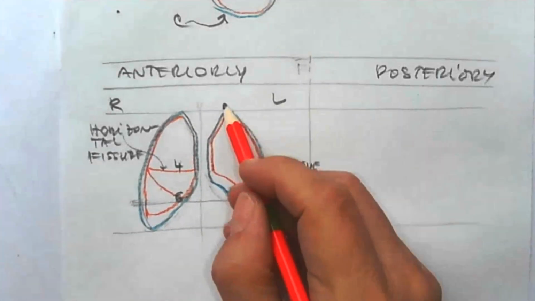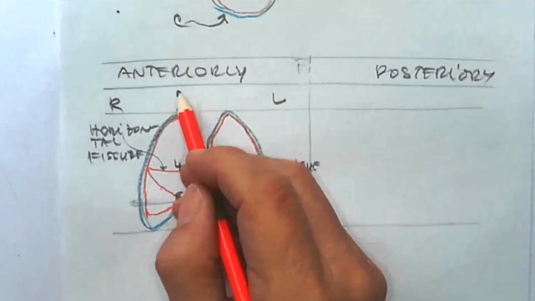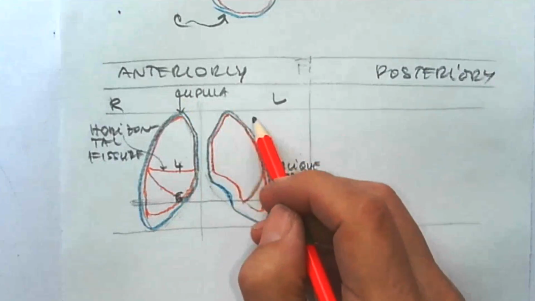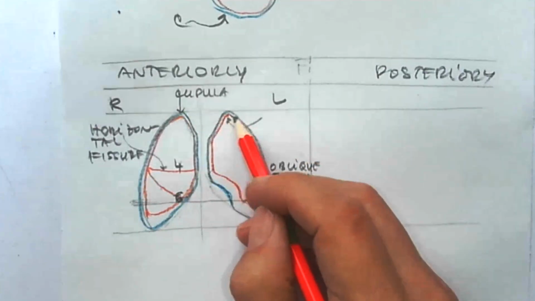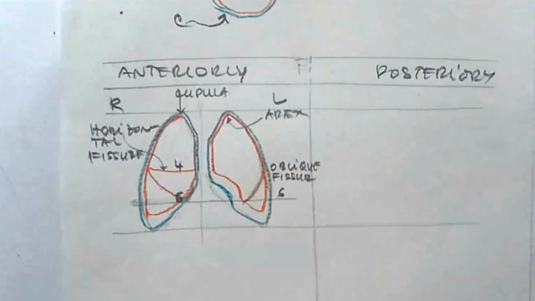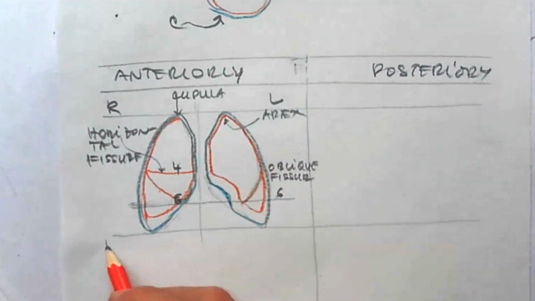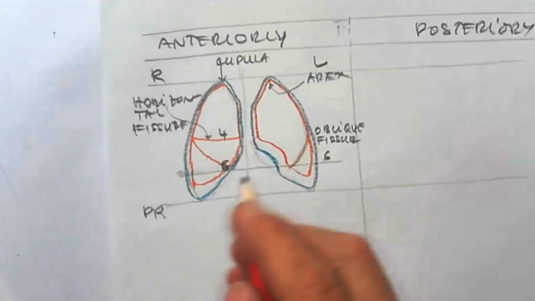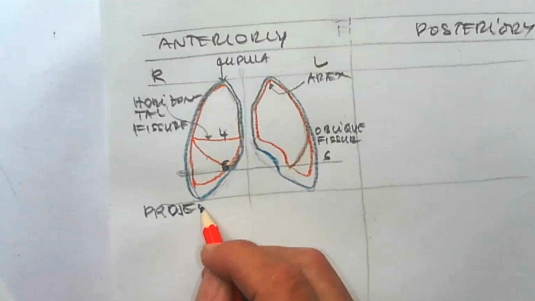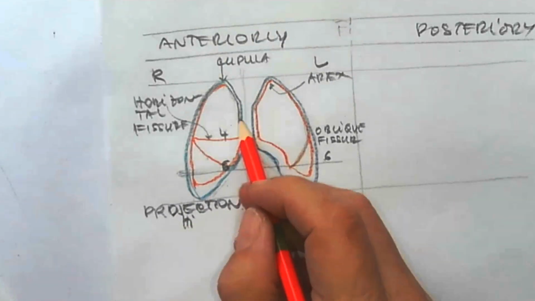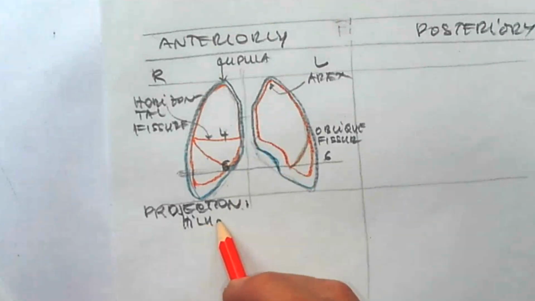By the way, the bluish tip is called the cupula of the pleura, but the reddish one is the apex, right? So there is different terminology. Fine, this is quite clear. Projection. Because there is no place, I will summarize it below. What we see: hilus, because this is hilum here.